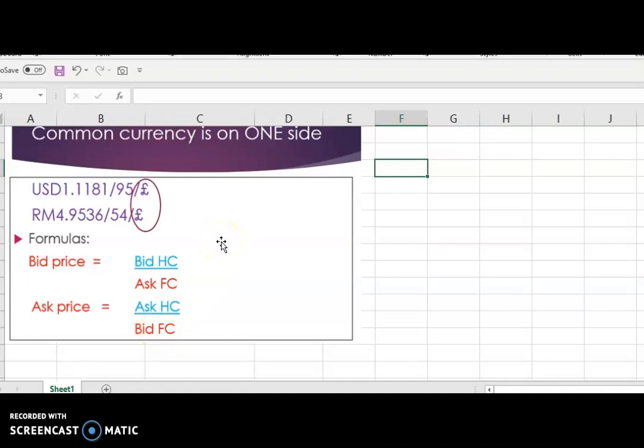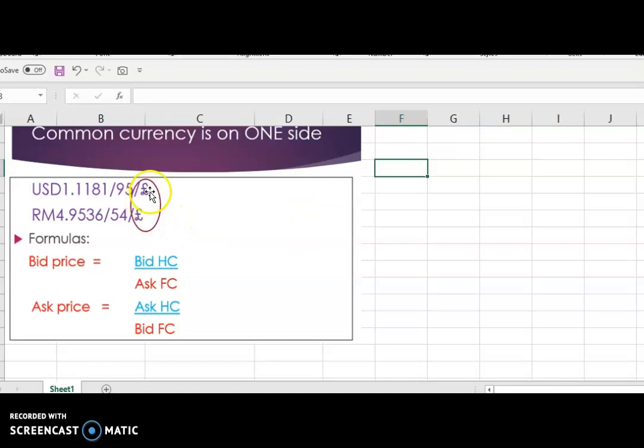How do we identify which is the home currency and which is the foreign currency? By looking at the quotation, you need to rank first the strong currency followed by the weak currency.